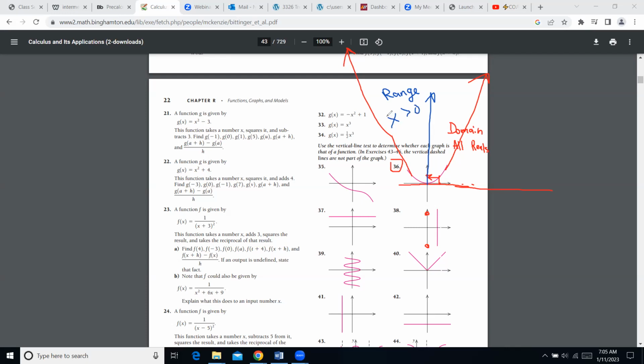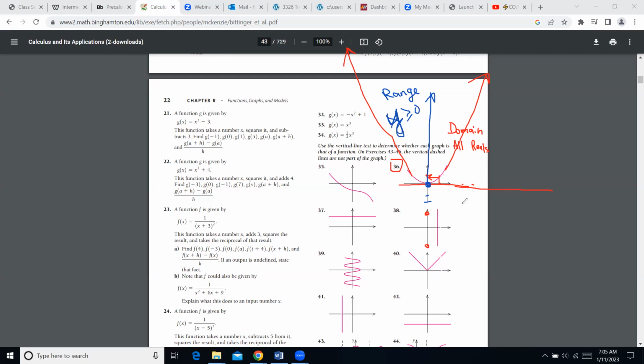Maybe 0, so I put y, should be careful. Y coordinates are only positive because it's only points with positive y coordinates that I get to when starting domain. I never get anything negative because there is no graph below x-axis. So the range for this particular case is restricted.